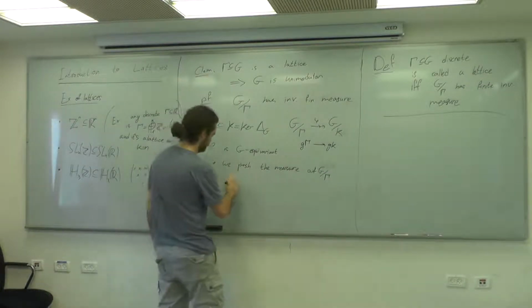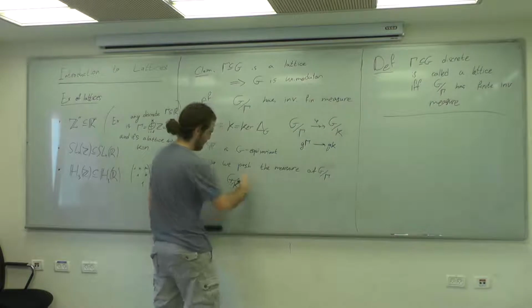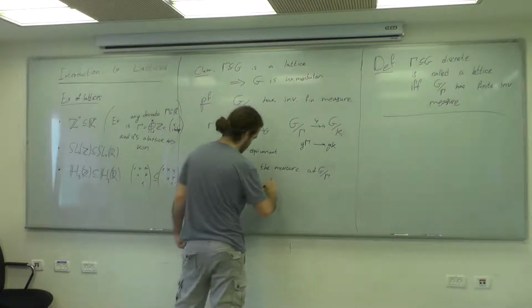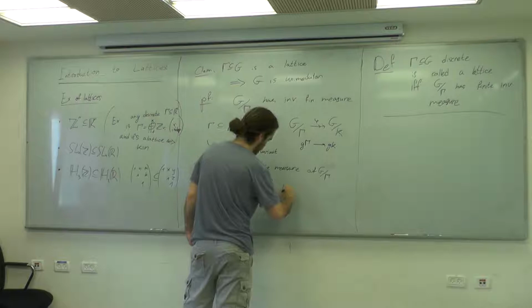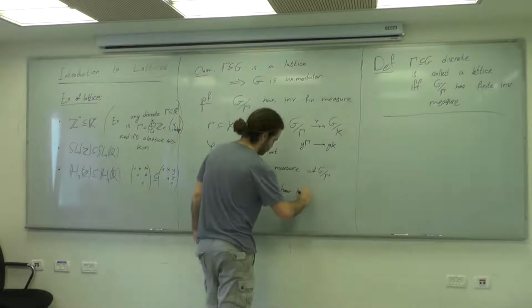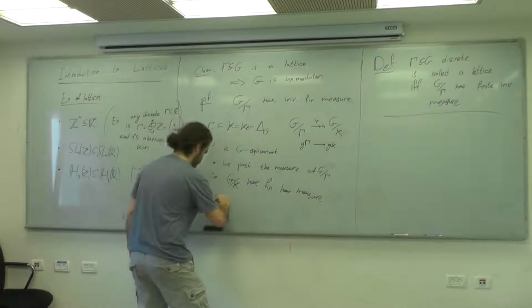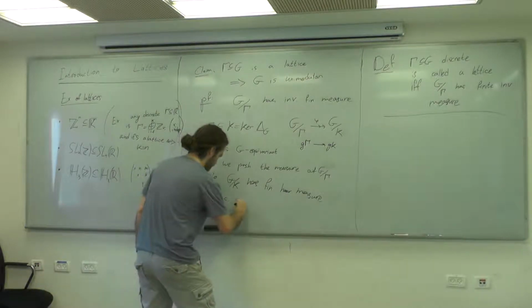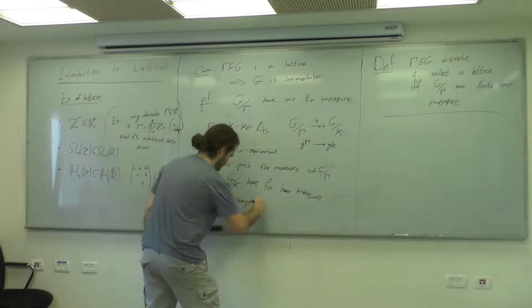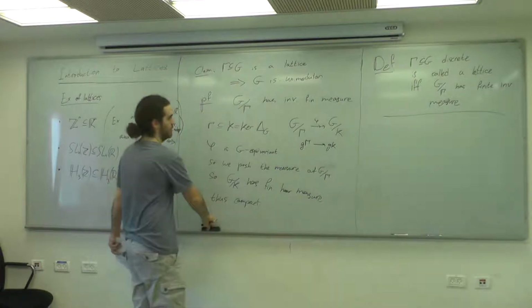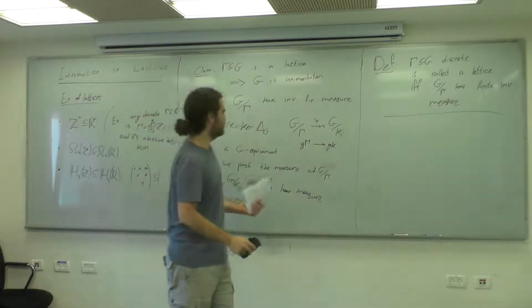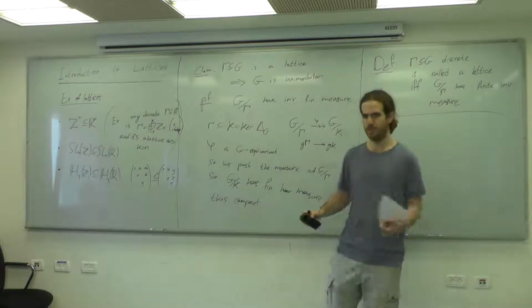So G mod K has finite Haar measure, and thus it is compact. Okay, so let's consider now any questions.